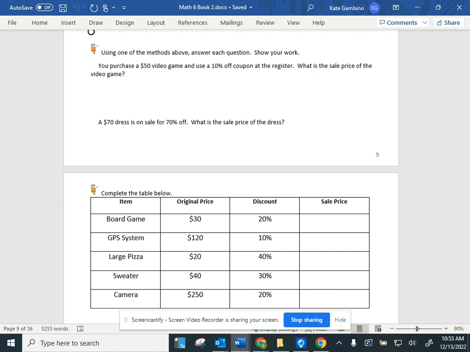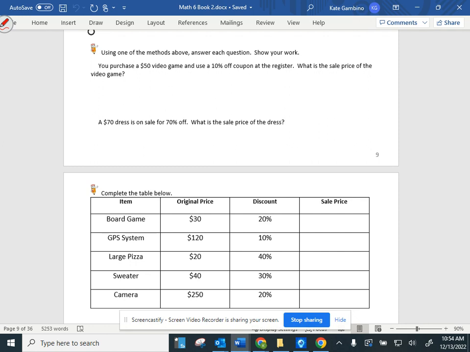If you purchase a $50 video game and use a 10% off coupon at the register, what is the sale price of the video game? How would I set that up? Using either method, can somebody tell me how to set up my equation? Jillian. I'm going to use the finding the amount of discount first. Okay.